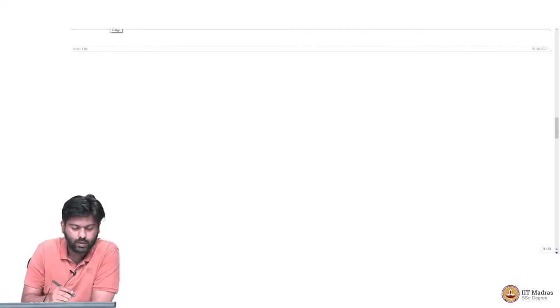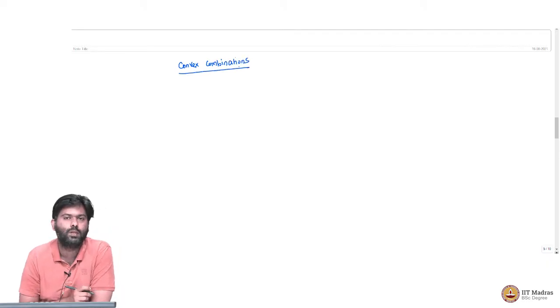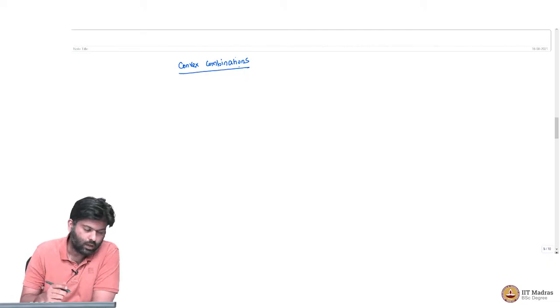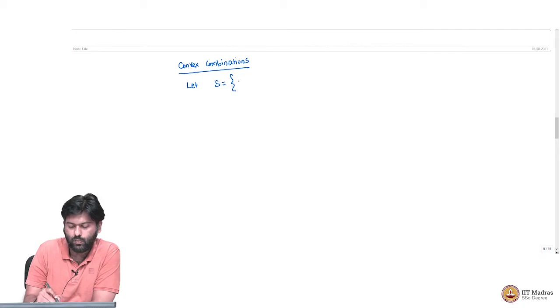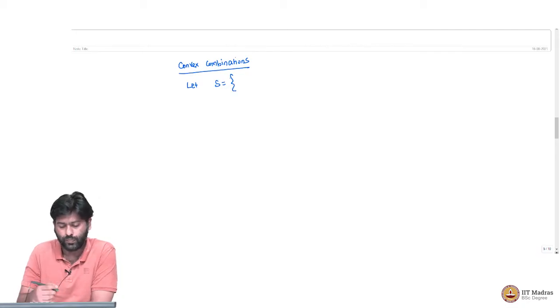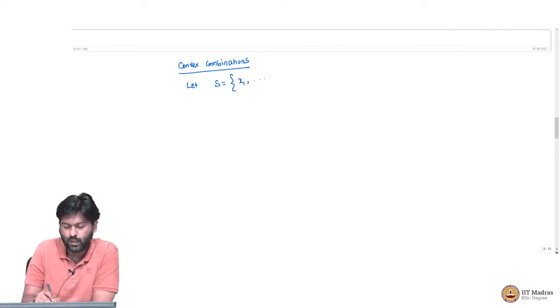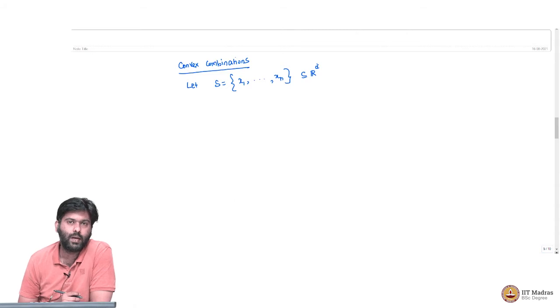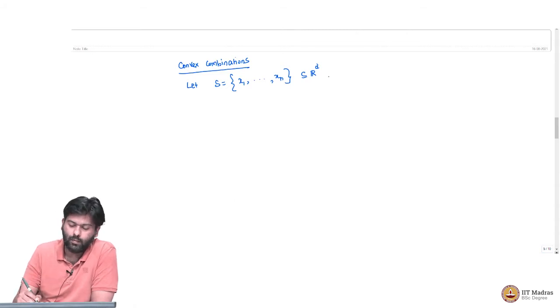Now, let me define something for you. We would often look at things that we will call convex combinations. So, what is a convex combination? Well, let us look at a set S which is just a bunch of points. Let us call these x1 to xn, all of these in Rd. You have a bunch of points in d-dimensional space.